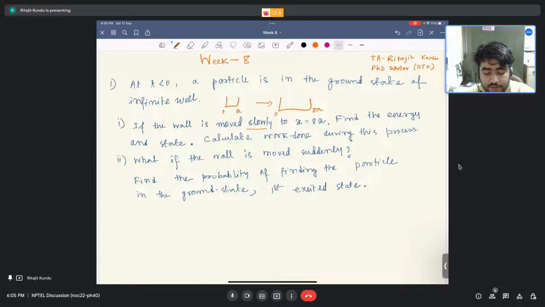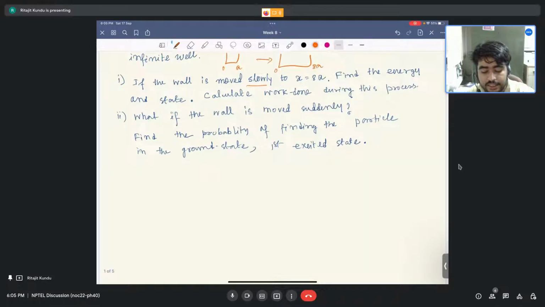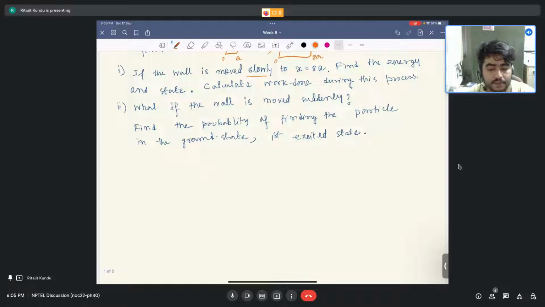In any quantum process, we say there is a time scale. The energy always appears in a way something like this: e to the power i E times t by h bar. Generally I have many states. Let's say this is 1, this is 2, 3, and so on. This energy difference gives me one time scale.